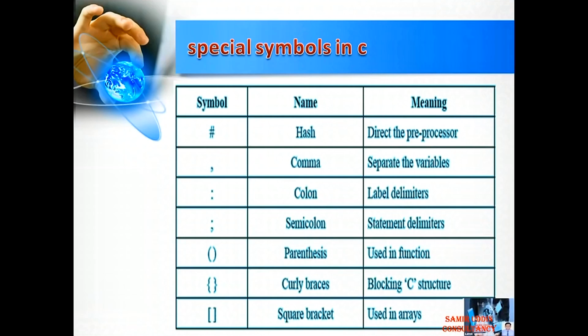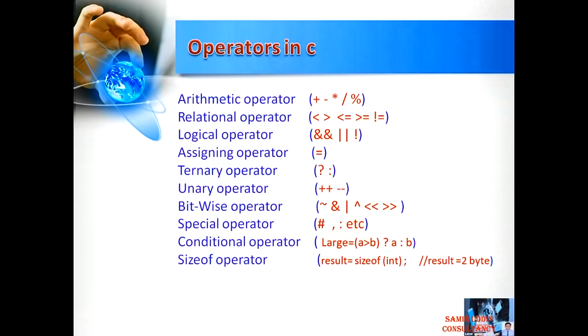So next is operators. Operators are a very important topic. There are different types of operators in C programming. An operator is a symbol placed between two or more operands that helps to perform an operation.